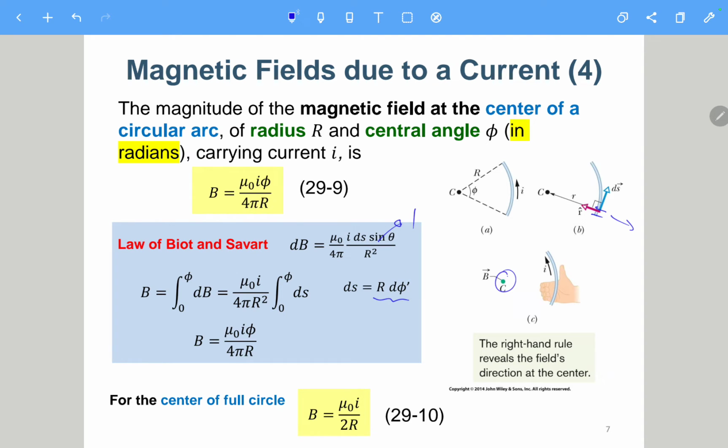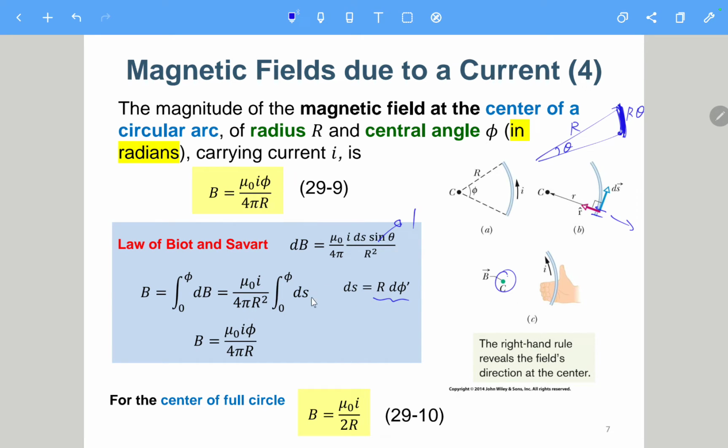This is still high school mathematics: the length of a segment is the radius times the angle in radians, so the length will be r times theta. So in this case, ds should be r times d phi prime.